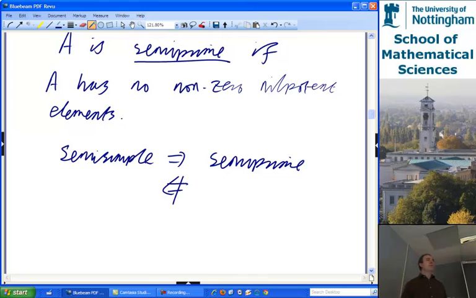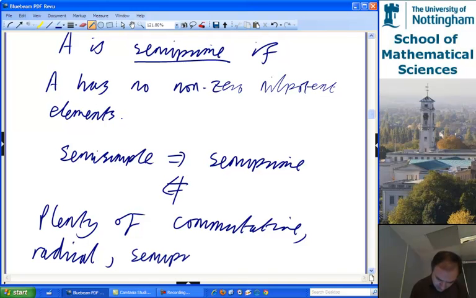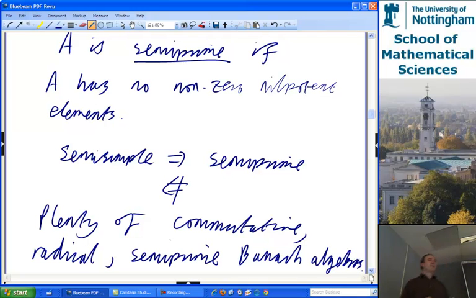In fact, there's quite a lot of commutative radical semiprime Banach algebras, like suitable radical Banach algebras of power series and things like that.